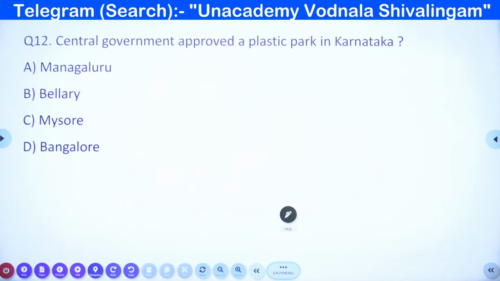Next, the central government approved a plastic park in Karnataka, in Mangaluru.